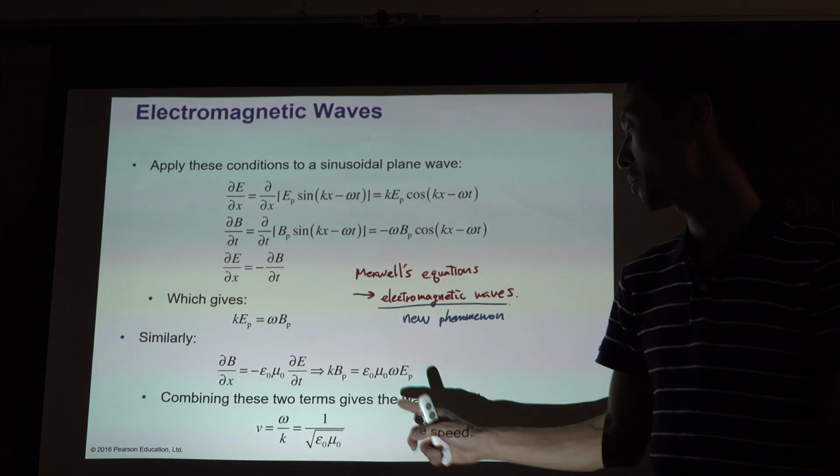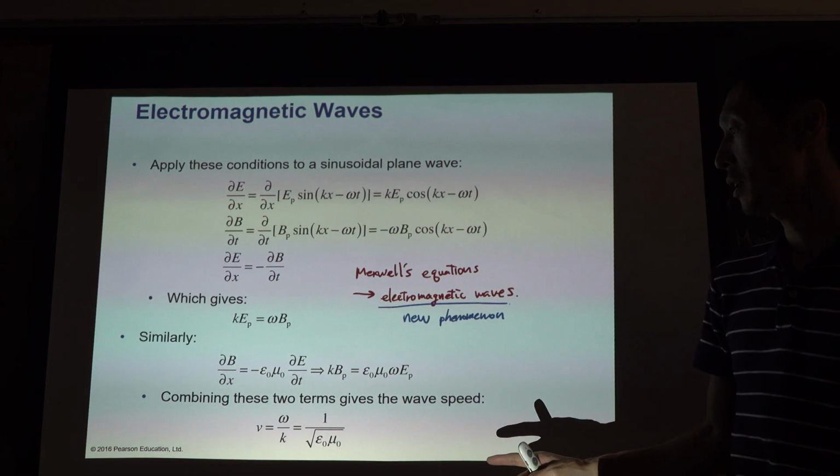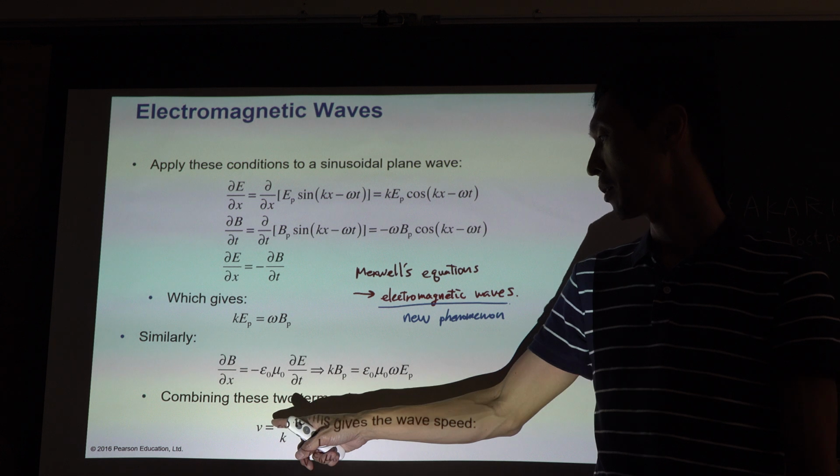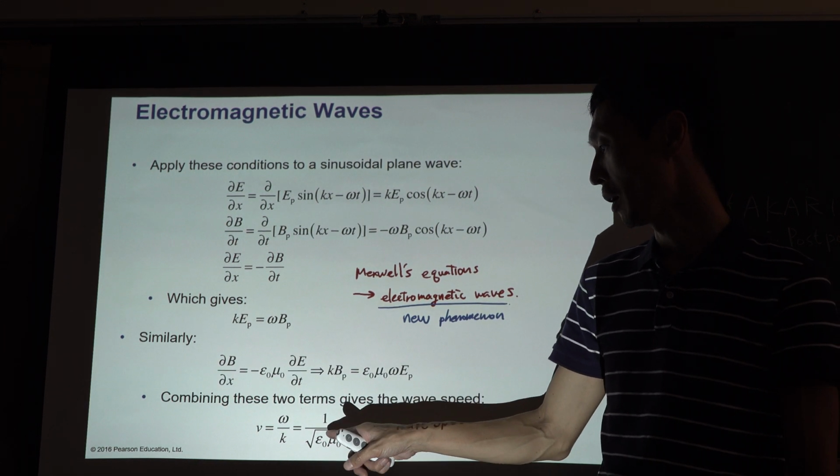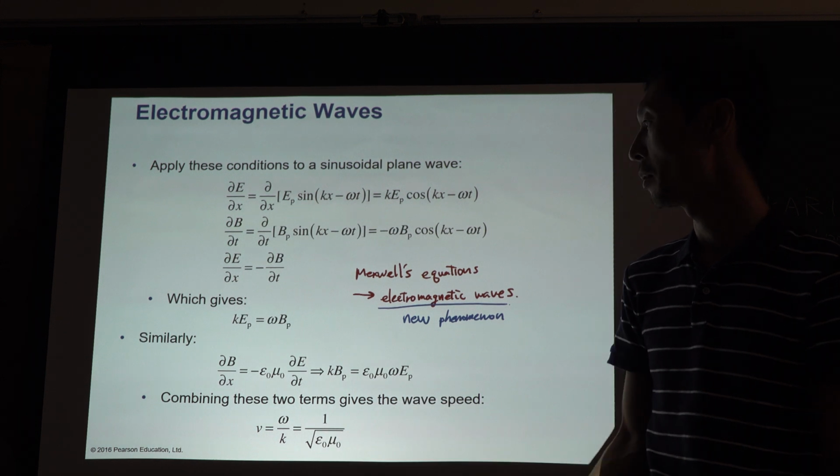If you combine these two, you get velocity equals omega divided by k, or 1 over the square root of epsilon 0 mu 0.